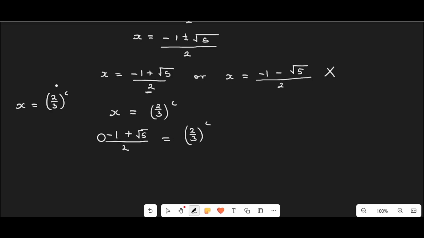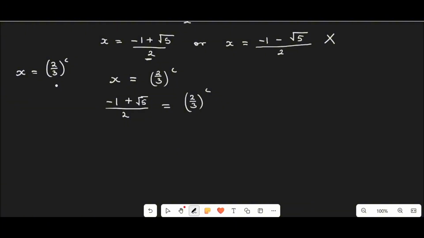So let us take logarithm of both sides. So we are going to have log of 2 over 3 all raised to power c equal to log of -1 plus root 5 over 2.